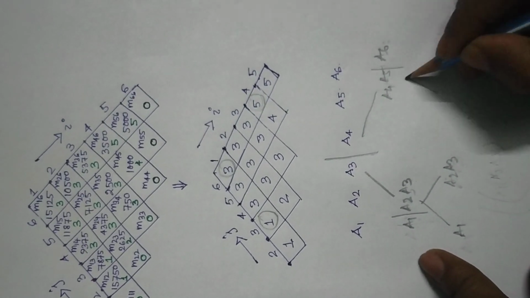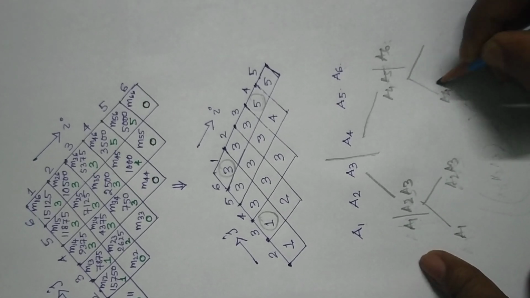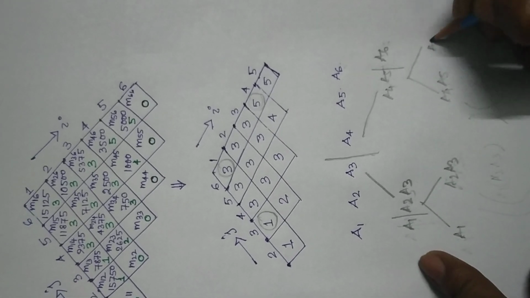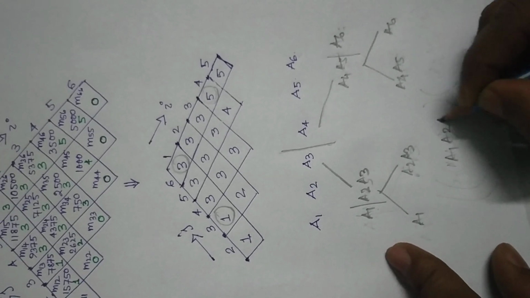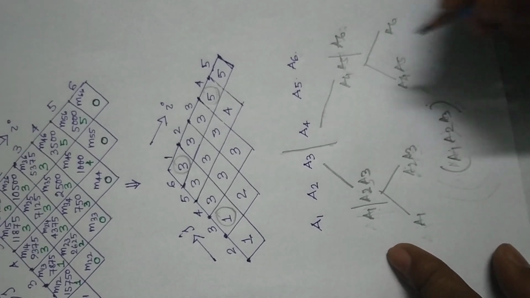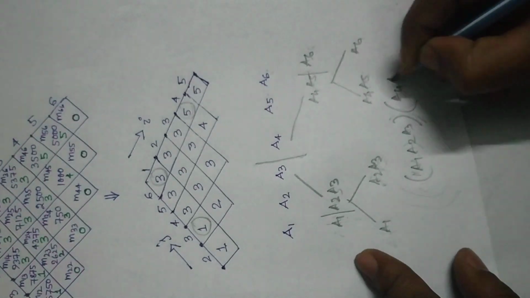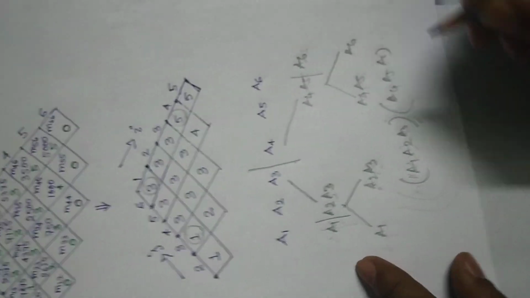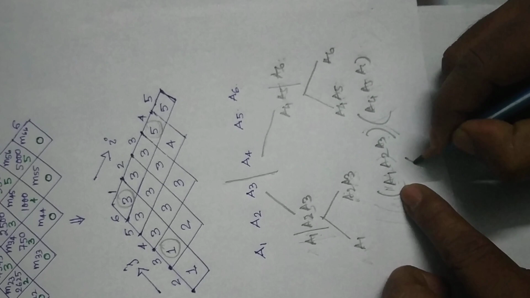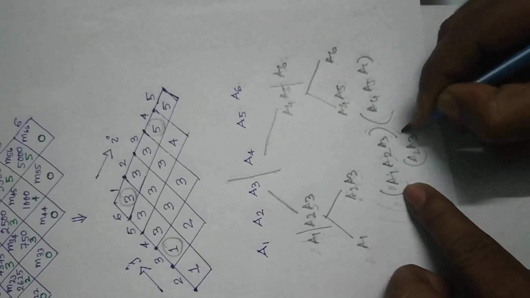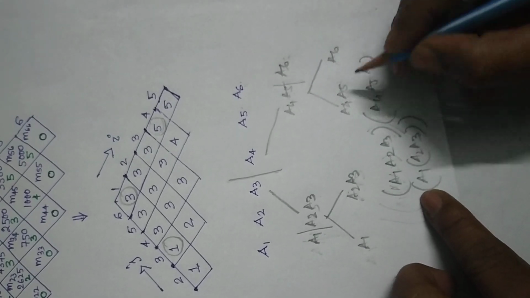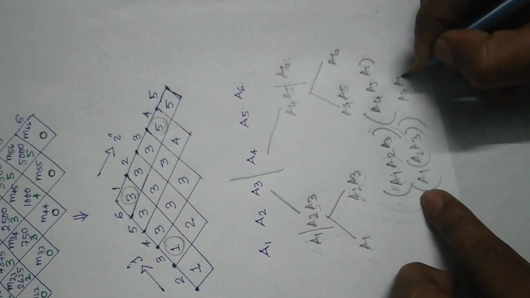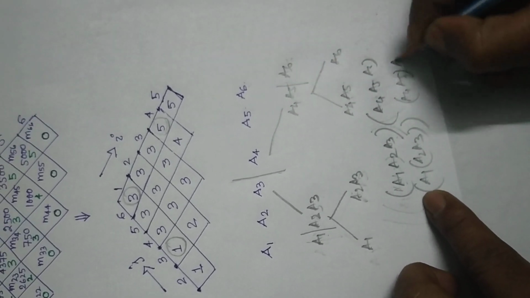So now it becomes A4, A5 and A6. So the order is: A2, A3 multiplied with A1, and then A4, A5, then multiply with A6.